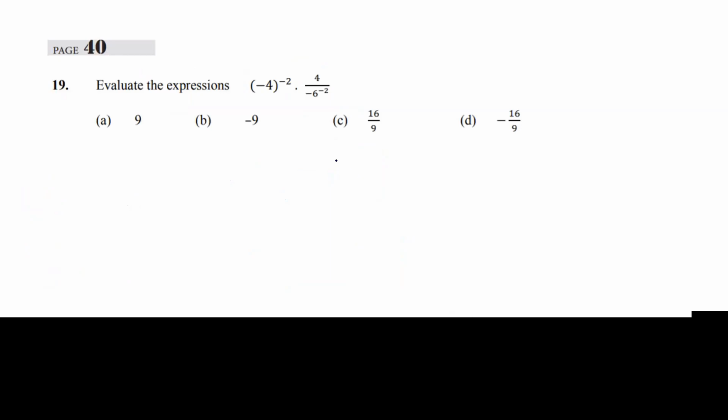Next exercise, evaluate. So here also we have an order of operations. Here we have a negative exponent. First thing is to write it as a positive exponent. And this goes up in the numerator. And then we take the reciprocal, it becomes the denominator, squared.